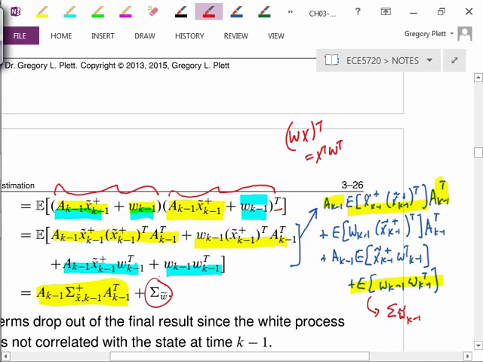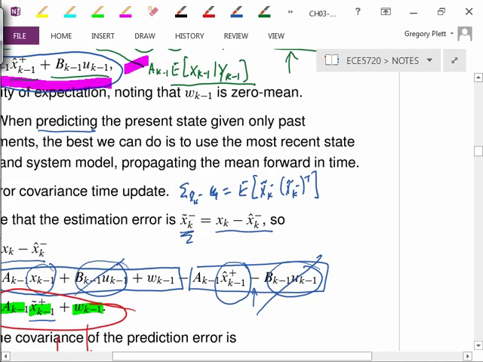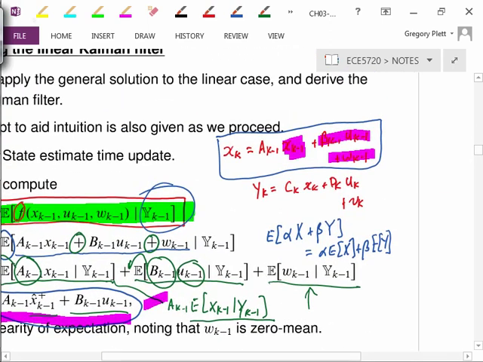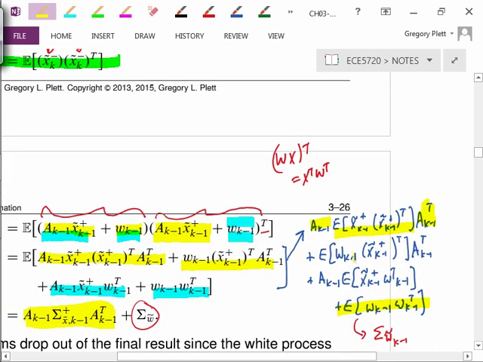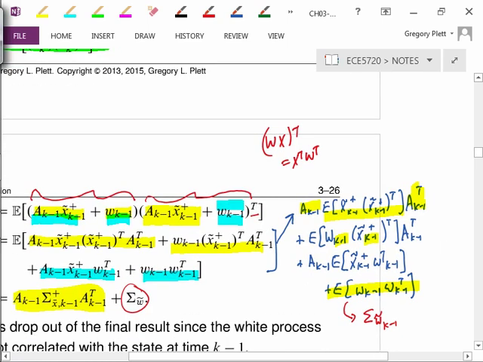And one of the assumptions that we made when deriving the Kalman filter was that the present noise and the present state are uncorrelated with each other, because if we go back up to the state equation, we find that the present state depends on the prior noise, not the present noise. So just looking at the indices here, these are at the same time, and we've assumed that they're uncorrelated.